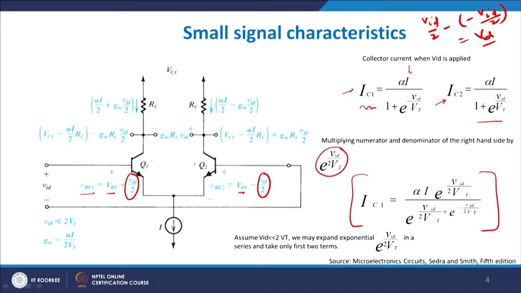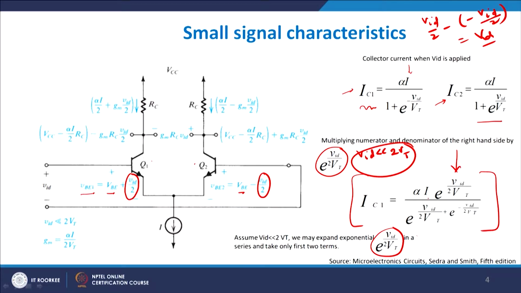If we assume that VID is much smaller as compared to 2Vt, which it typically is, we may expand the exponential in series and take only the first two terms. What the first two terms will be, I will discuss in the next slide, but assume this to be the IC which is available to us.